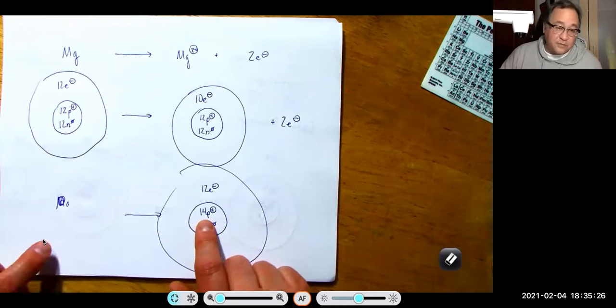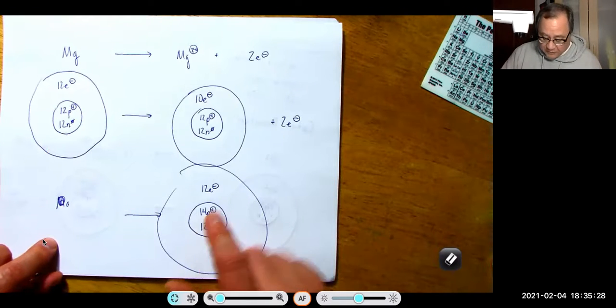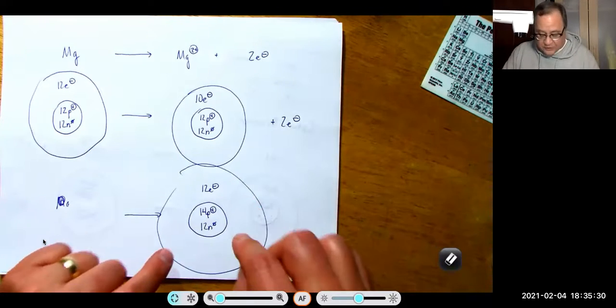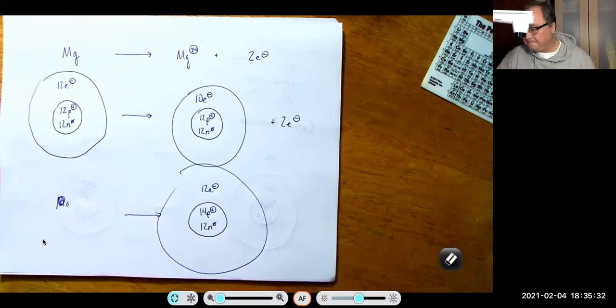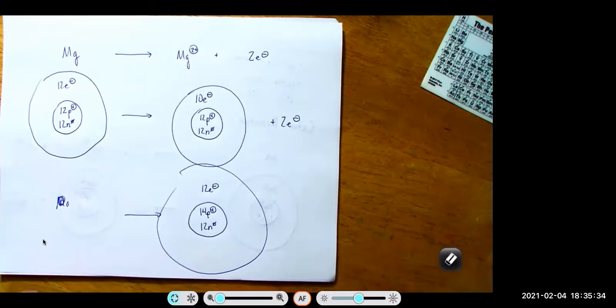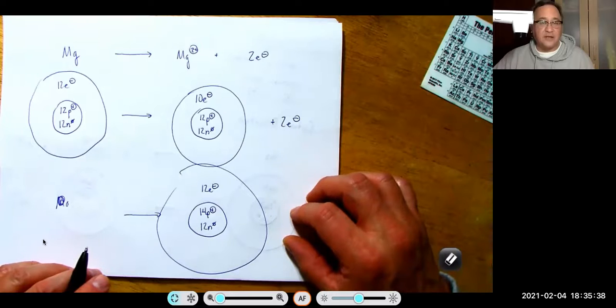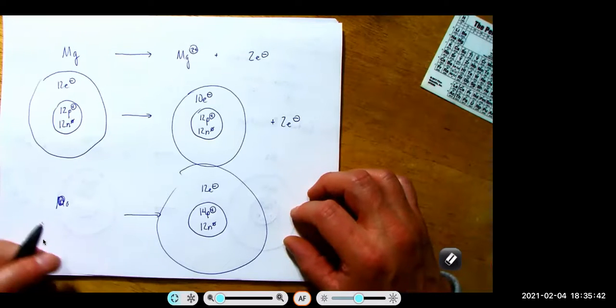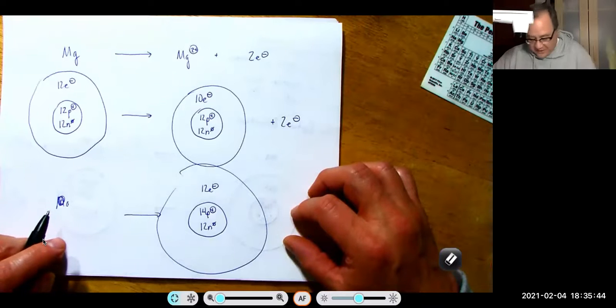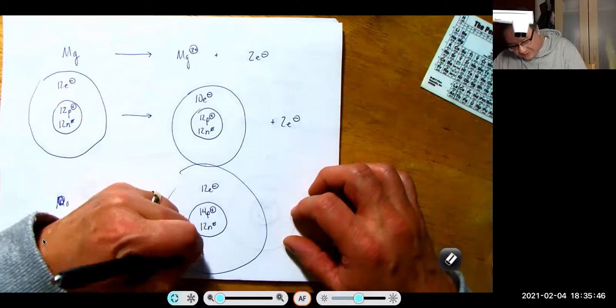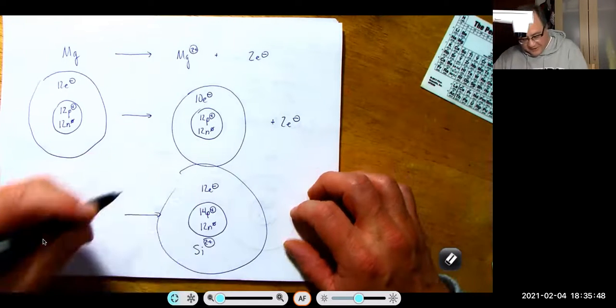And since there's 14 protons, this will have a charge of +2. Why is this wrong? You can't add protons. Different element? Go ahead, Greg. Wouldn't that be a different element? Absolutely, and that's why it's wrong. This would be silicon with a 2+ charge.